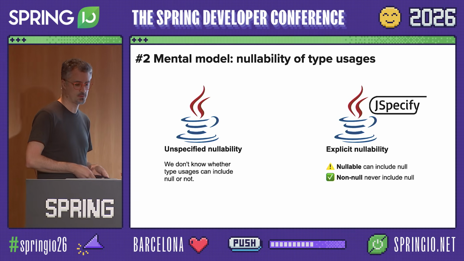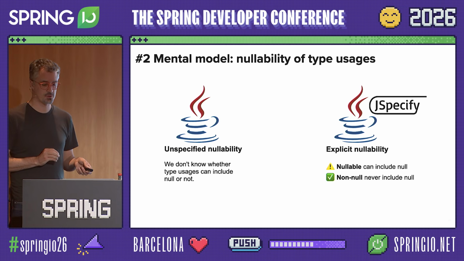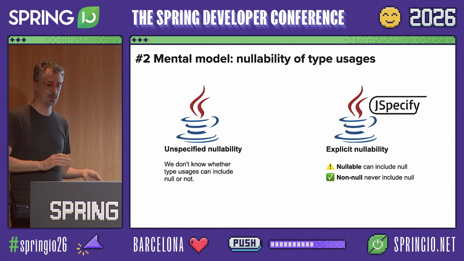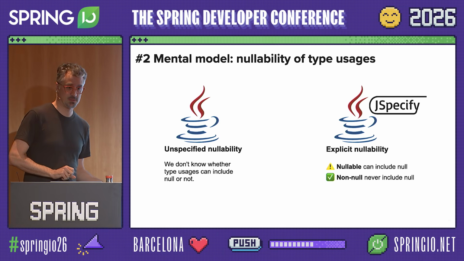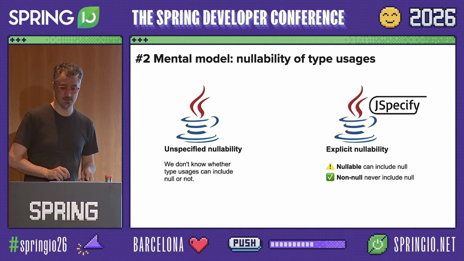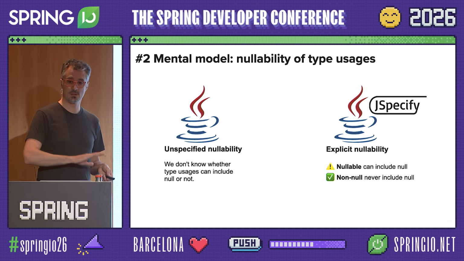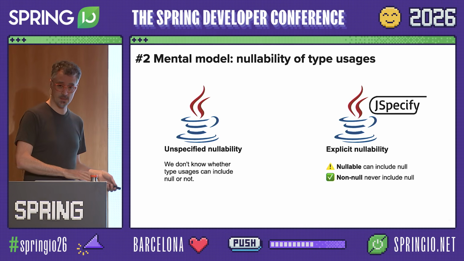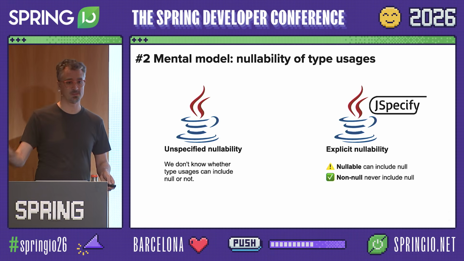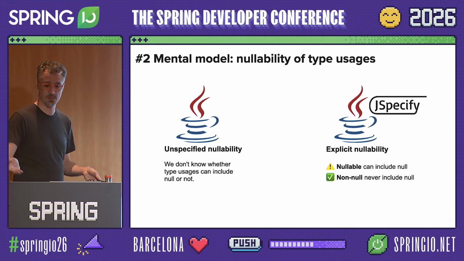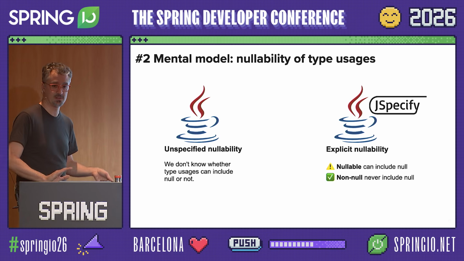The second step is to have the right mental model. Naively, you may think it's just nullable or non-nullable, but that's not the case. Java code has unspecified nullability, and this is similar to the Kotlin platform type. If you have some code that is not annotated with JSpecify, you don't know what the nullability is, and you will potentially mix that with code that is null-safe, for example the Spring one. So regular Java has unspecified nullability. Everything is implicit.